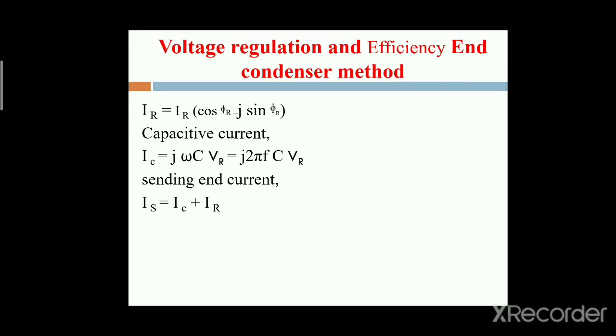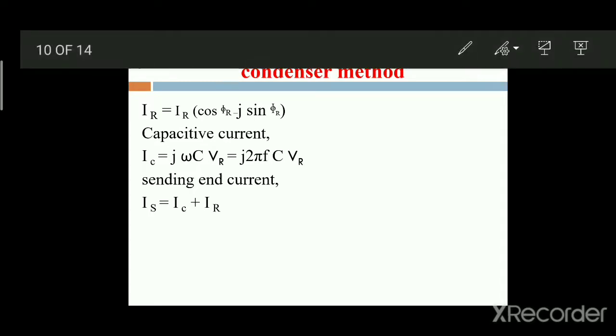Next, coming to the sending end current. What is the sending end current? That is IS. At the node point or junction point, the sending end current is divided into two parts, that is IC plus IR, where IC is the current flowing through the capacitance and IR is the receiving end current.